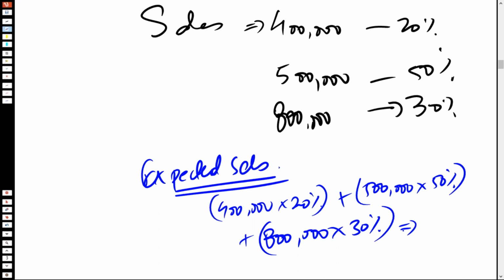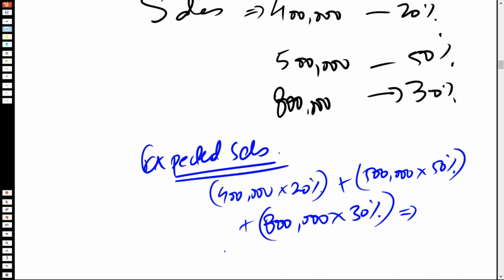So what is it going to be? 400 into 20%, 500 into 50%, 800 into 30%. So 400 into 20%. So you've got $570,000 as your expected sales.